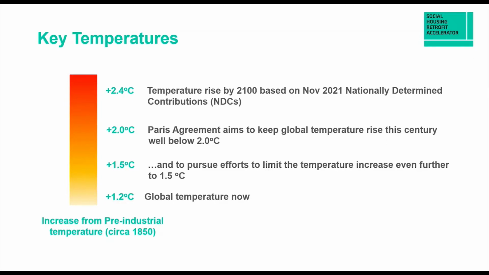It's still higher than the desired 1.5 degrees target, and it is crucial that more progress is made by next year in Egypt, where the next climate conference will take place. The reason it's crucial is that every fraction of a degree matters in terms of the impact we will see in the world.